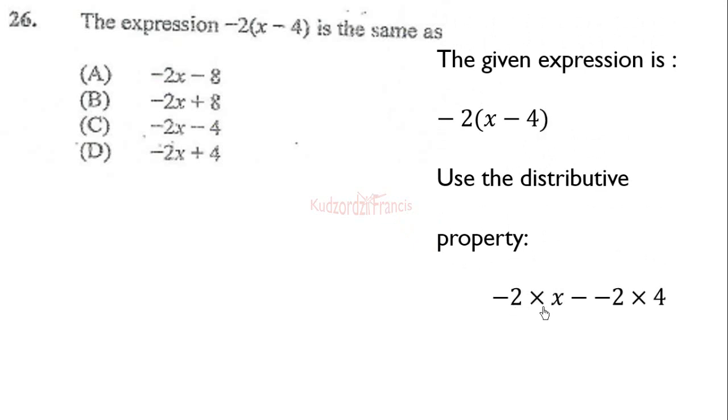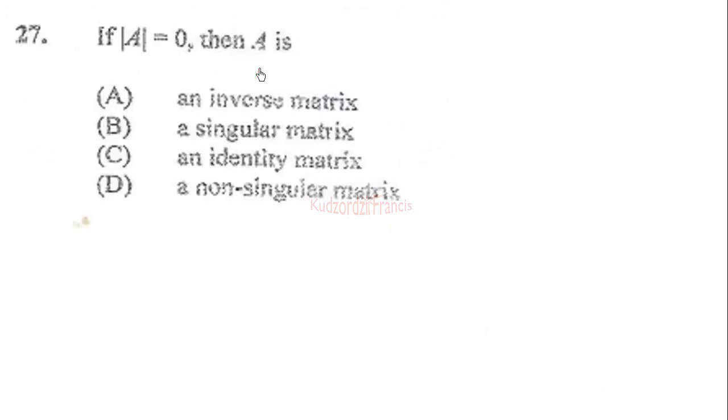So we have negative 2 times x, then minus negative 2 times 4. Note that the negative will become positive. So 2 times 4 is 8, and negative 2 times x is negative 2x. And the correct answer is negative 2x plus 8. This is the correct answer.